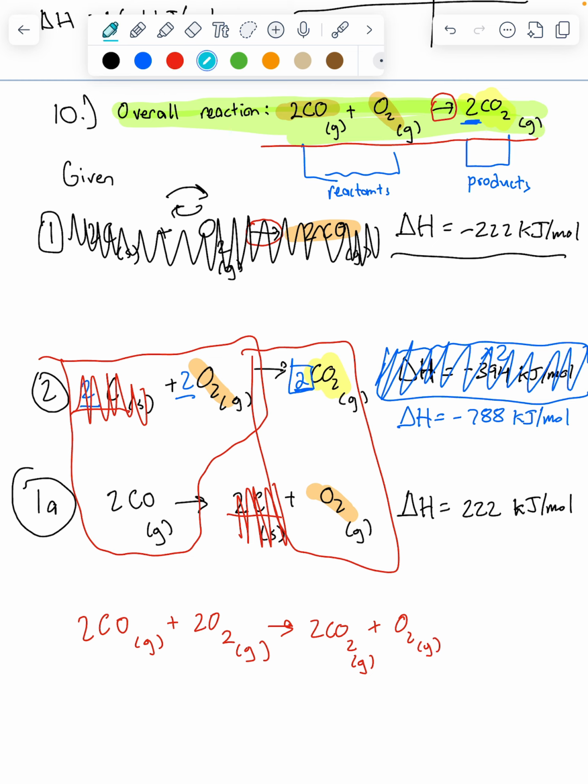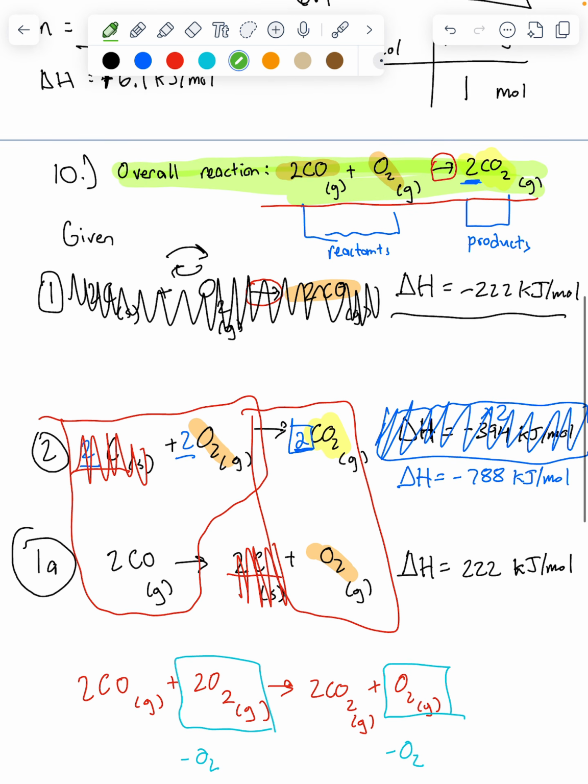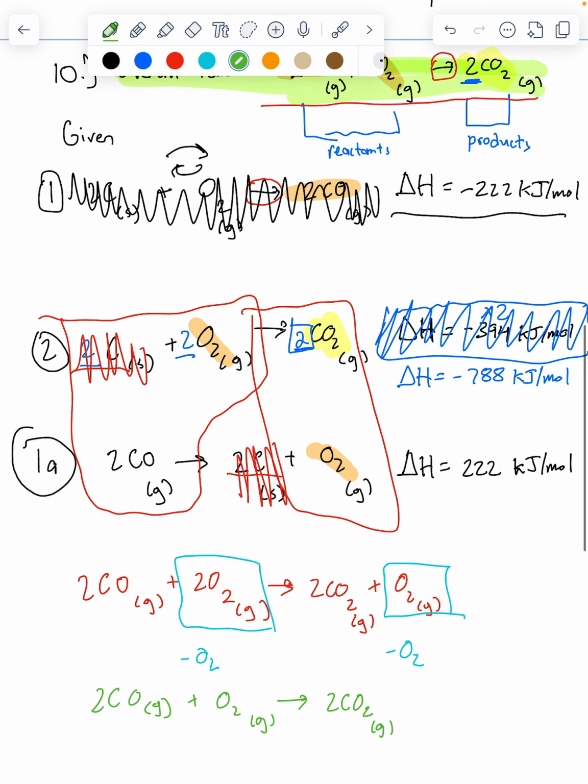We'll notice that there's one thing that's still repeating. We've got O2 and 2 O2s. So let's simplify here. If we subtract the O2s, we're going to end up with 2 CO, which is a gas, plus now 1 O2, gas, making 2 CO2 gas, which if we take a look at our starting equation, that is what we wanted to end up with.